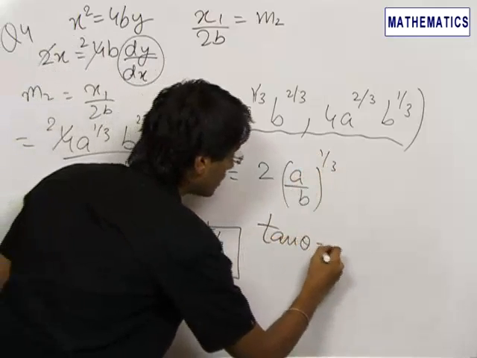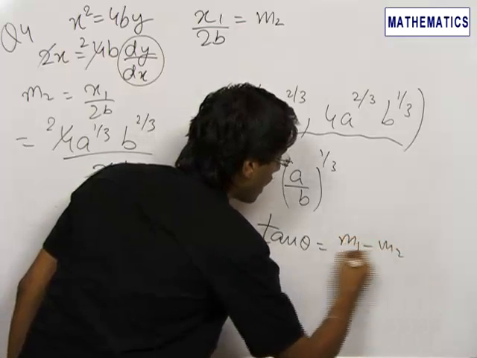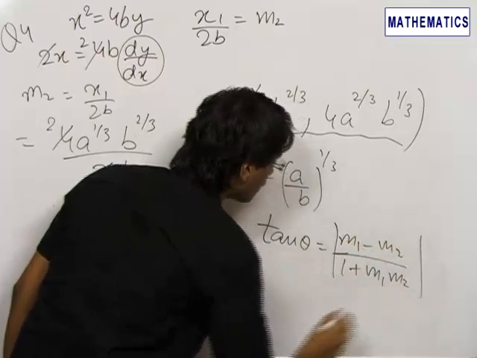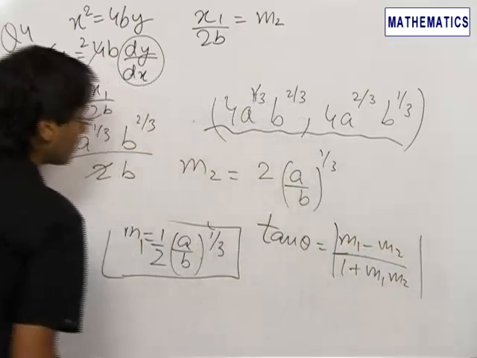So we just need to find out the angle by tan theta is equal to (m1 minus m2) upon (1 plus m1 m2), which is the formula for the tan of the angle between any two lines.